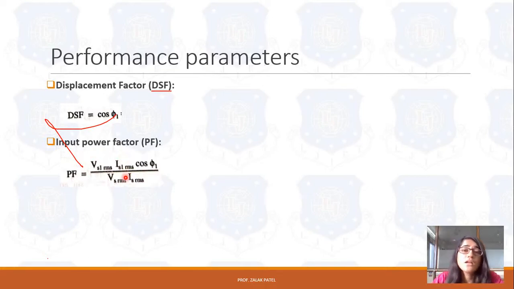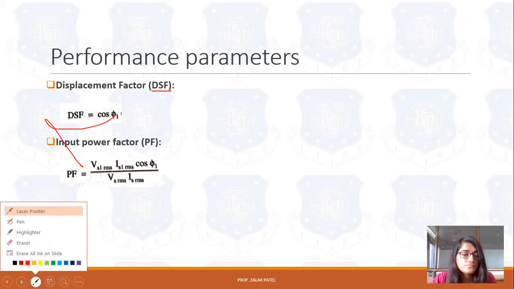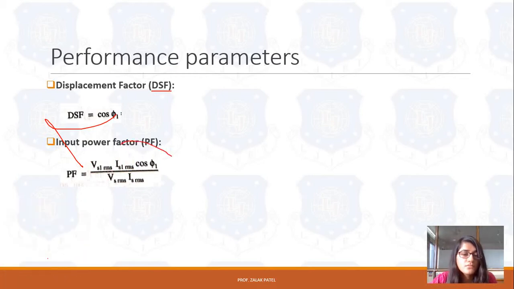If you remember the last sessions, we proved that VS1 RMS and VS RMS, the supply voltage fundamental value and the supply voltage value, are almost equal, and that's why we take this ratio as 1. So the remaining term is like this: IS1 RMS upon IS RMS, and the second is cos phi 1.